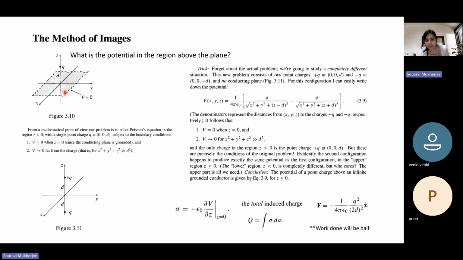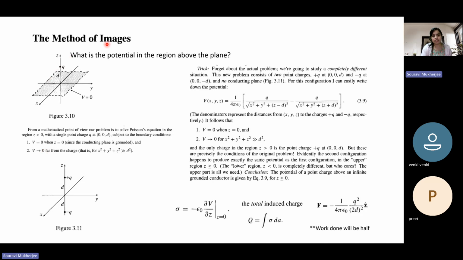Now what do we do? We mimic, we make a replica of this situation, but with a simpler charge distribution. So we look at the boundary condition. We want to find the potential in this region. So what is the boundary condition given? The boundary condition is V equal to 0 at Z equal to 0 because you have a conducting plate here, and V tends to 0 far away from the charge.